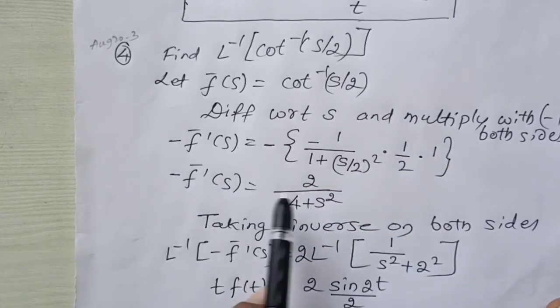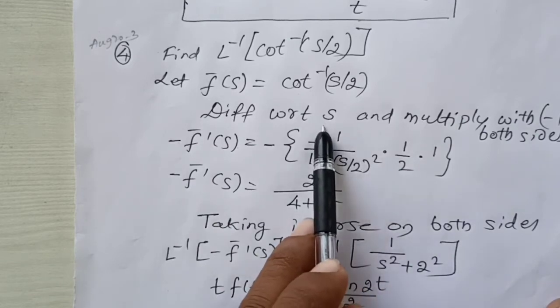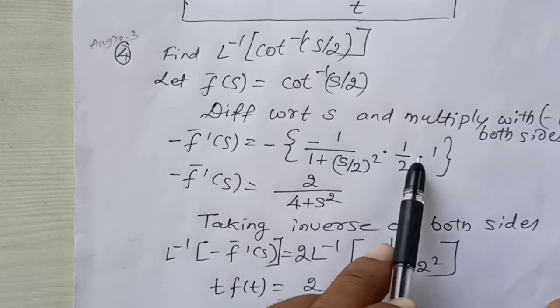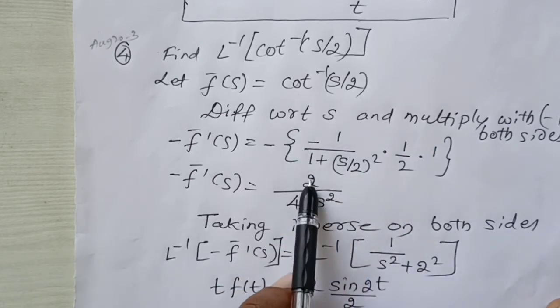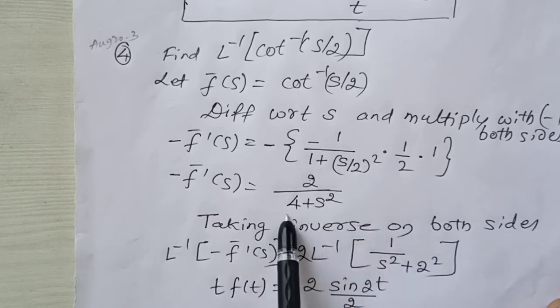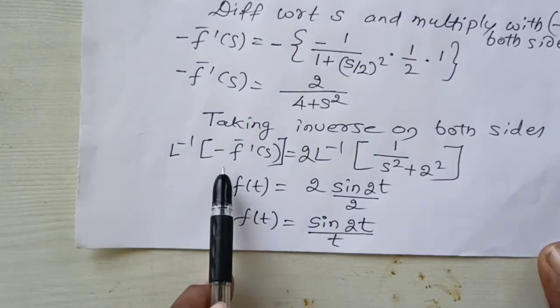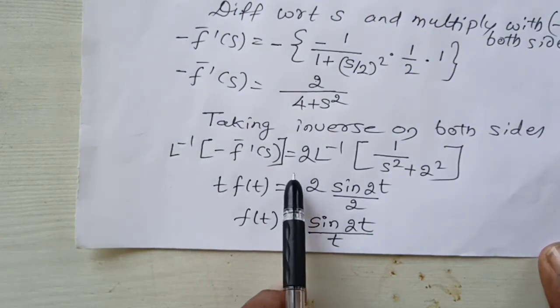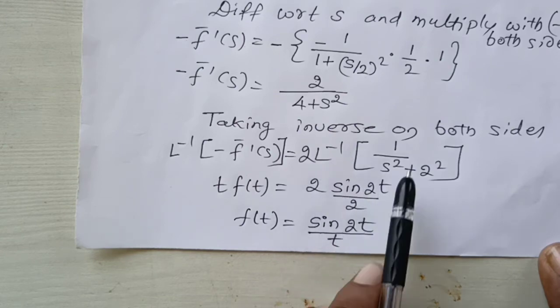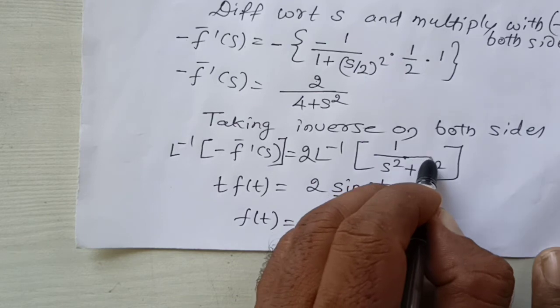So minus f dash bar s is 1 by 2 the whole square, which is 1 by 4, in the numerator 4, 2 ones are 2, 2 twos are 4, so 2 came here and 4 plus s square below. Taking inverse on both sides, the Laplace inverse of minus f bar s is equal to 2 times the Laplace inverse of 1 upon s square plus 2 square.